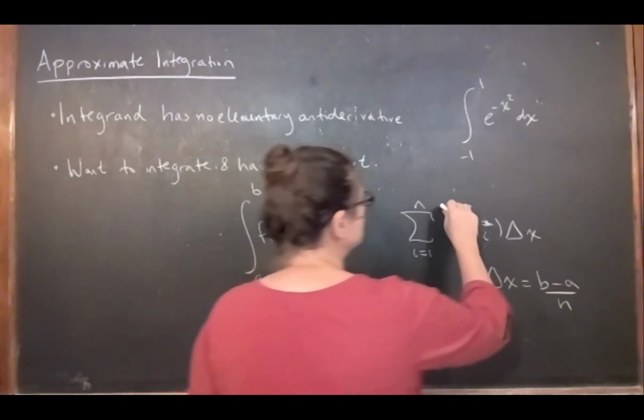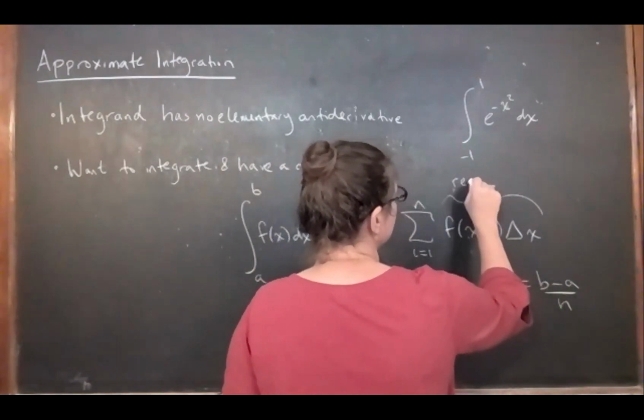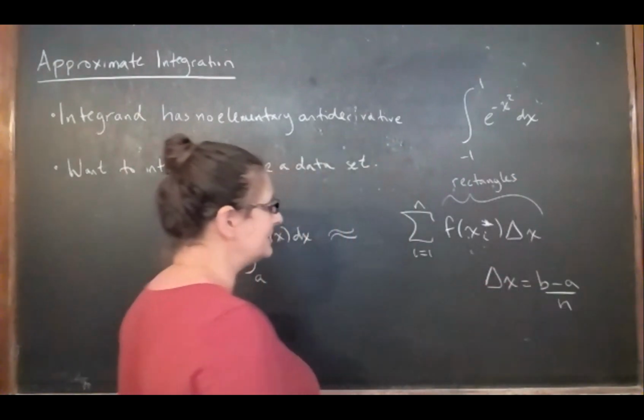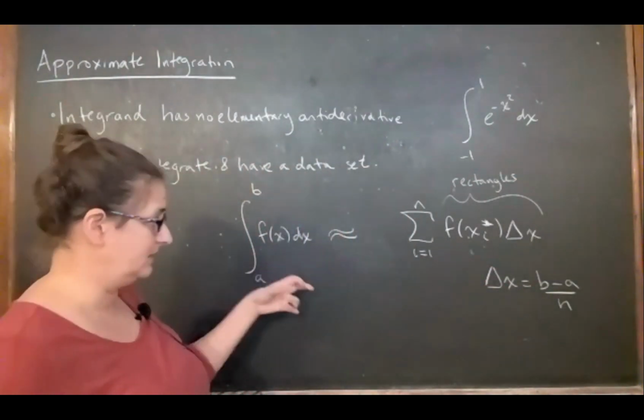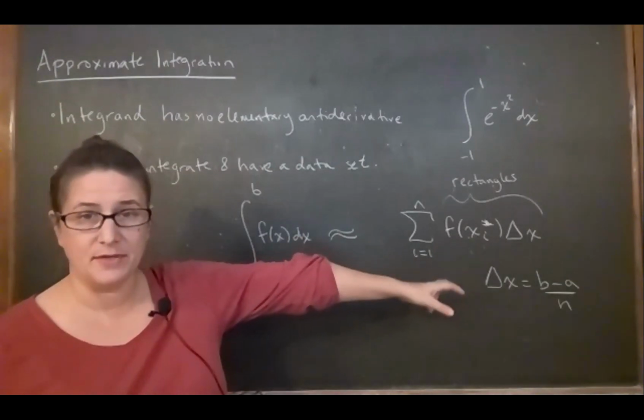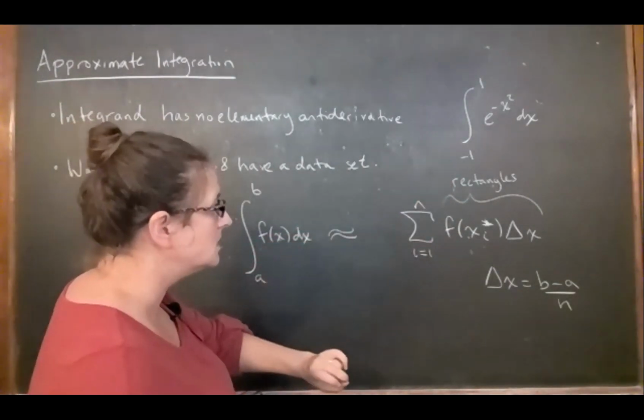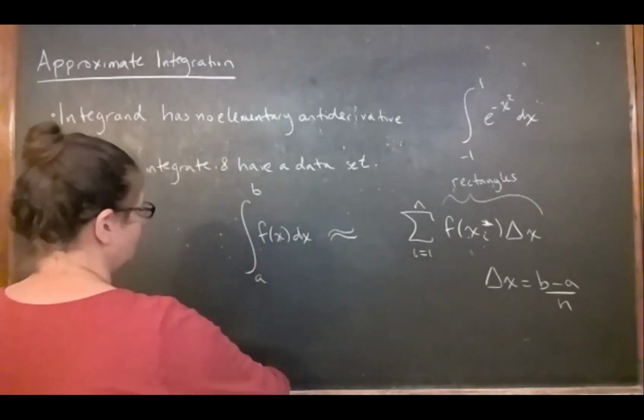So these are your rectangles, and so here we have n rectangles. So if I want to write this down, I'm just literally doing exactly the same thing with n subintervals. But I'm going to say choose the midpoint.